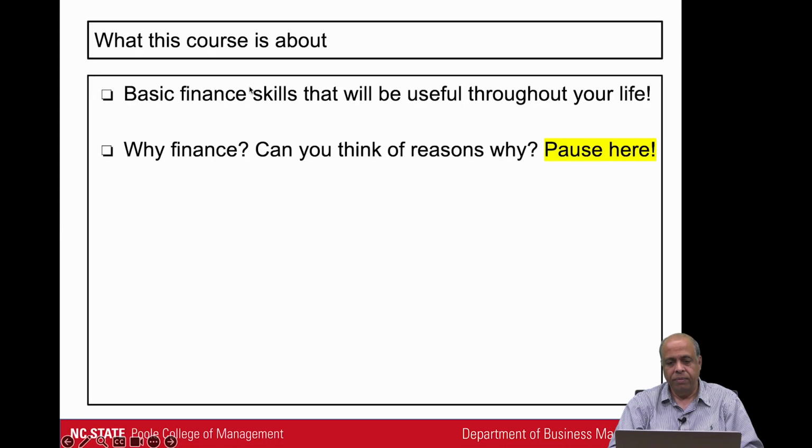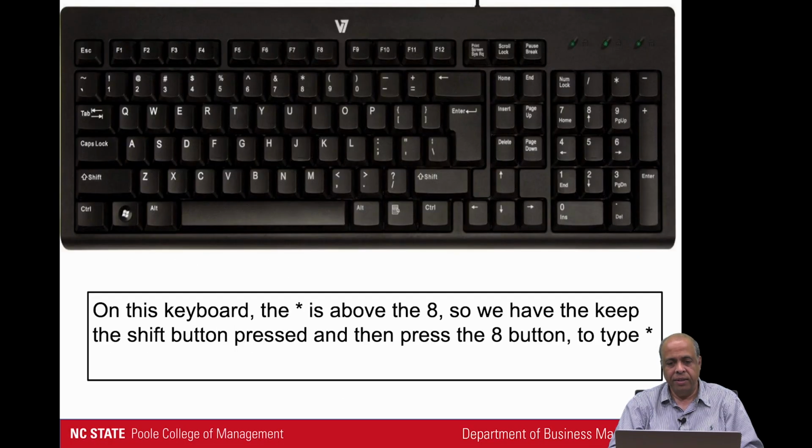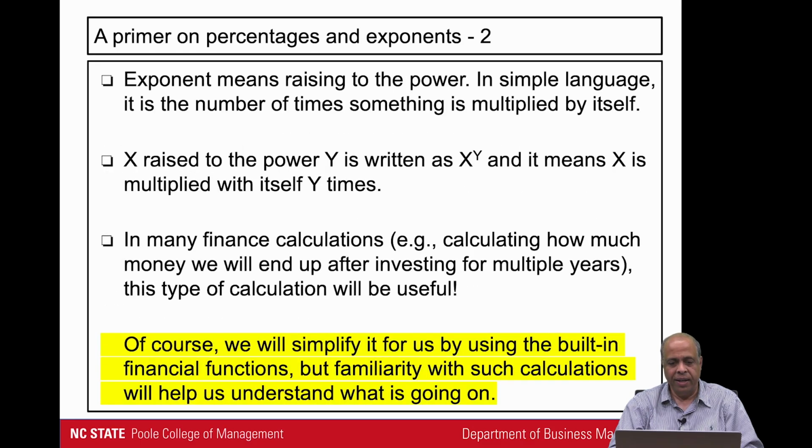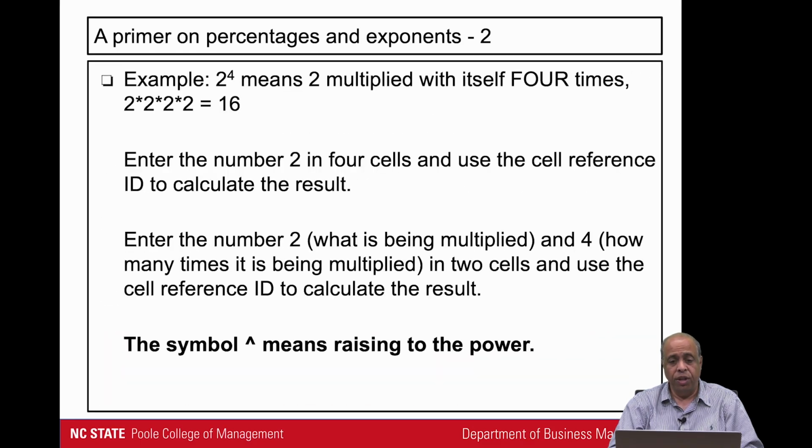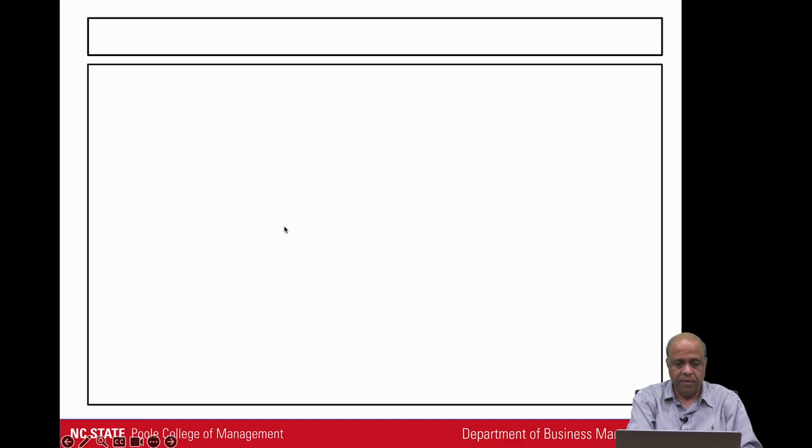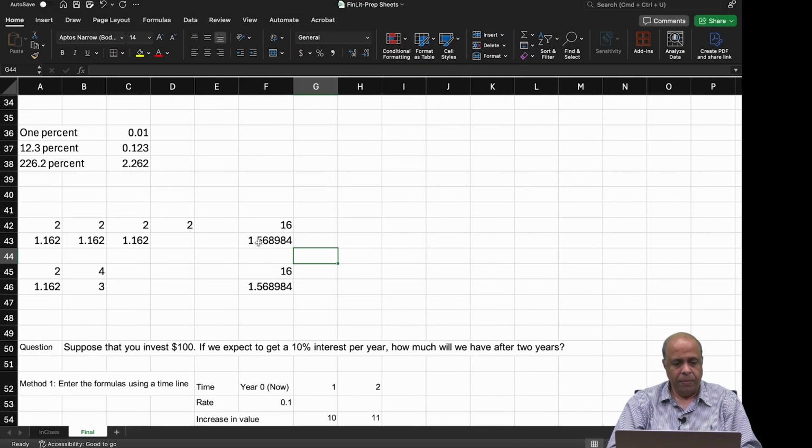Okay. So how can I go ahead and enter this? I have entered the number 2 and the 4, and then I can use this symbol for raising to the power. So I'm going to take 2, which is in cell A45, raised to the power 4, which is in cell B45. So that's column B, row 45.